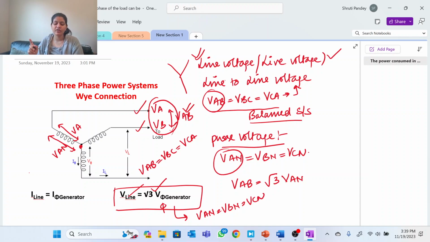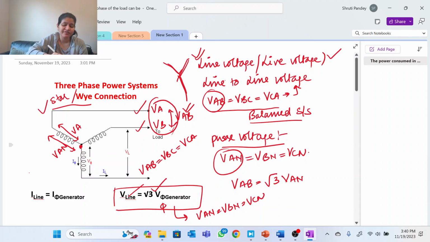So this is a general relation between line voltage and phase voltage in case of star connected system, right? We also call it star or Y connected system. You can see that this is in the form of Y. The structure or the winding is in the form of Y. Therefore we call it a star or Y connection system.